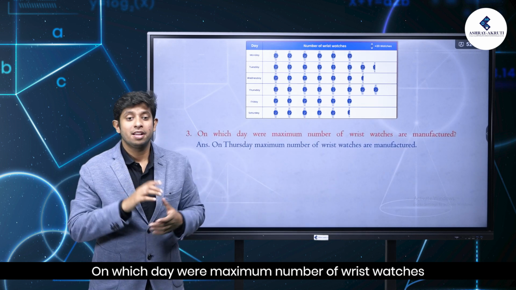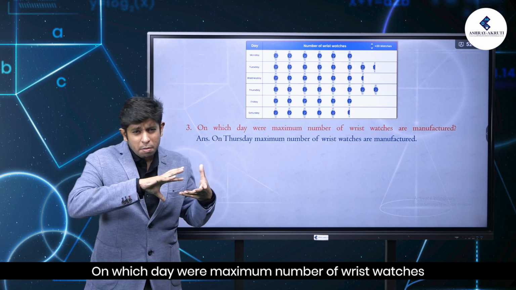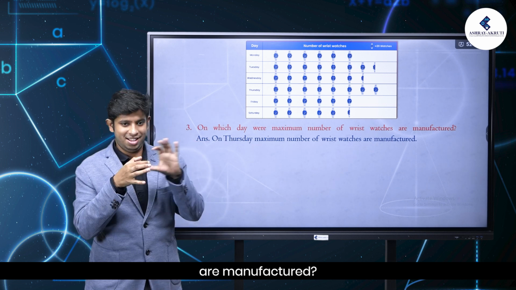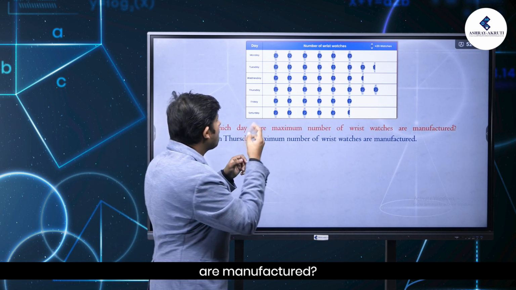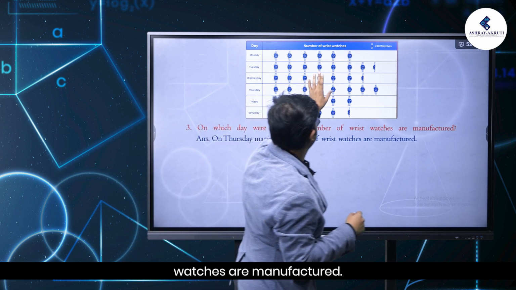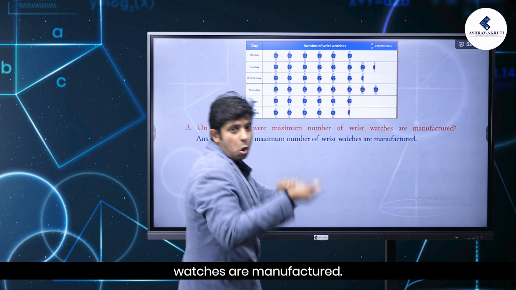On which day were the maximum number of wristwatches manufactured? On Thursday, the maximum number of wristwatches are manufactured.